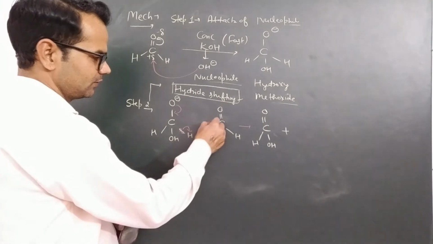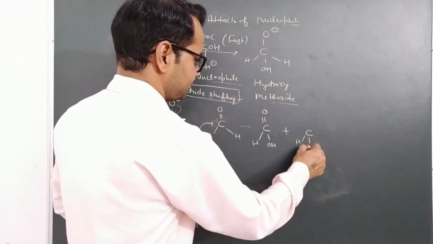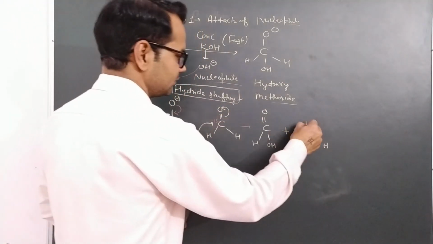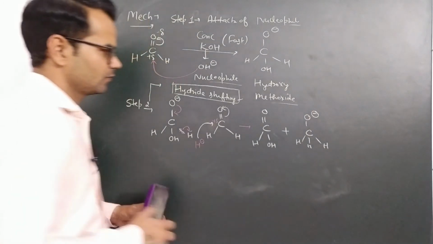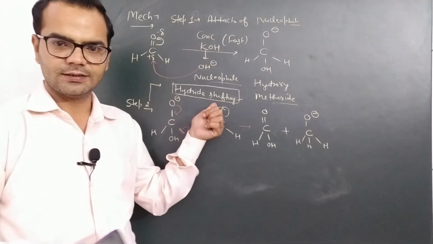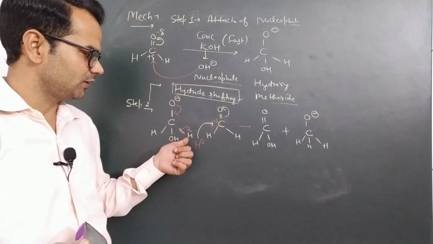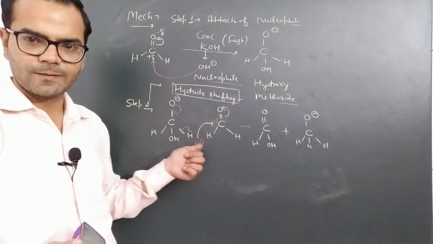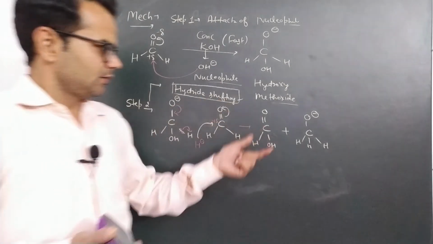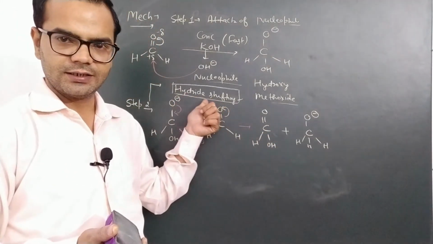This H attacks the carbocation, and these pi electrons are shifted to oxygen. So in step number 2 there is a shifting of a hydride ion.